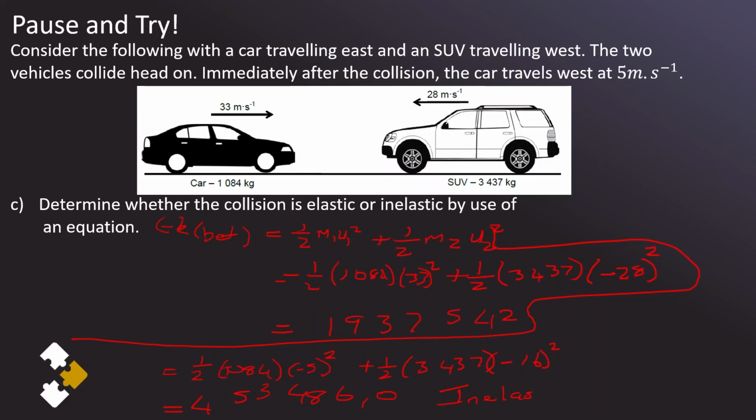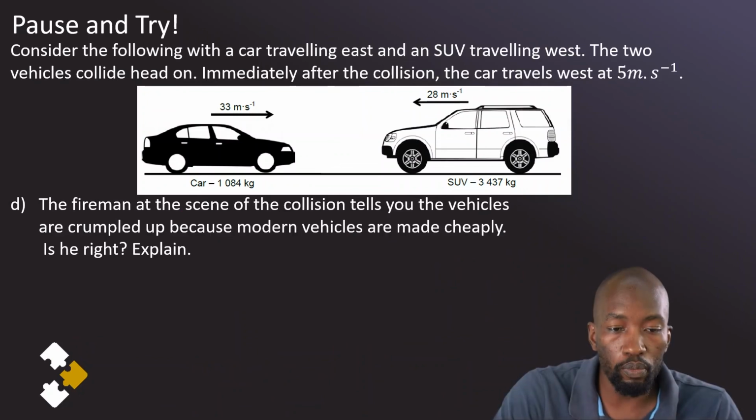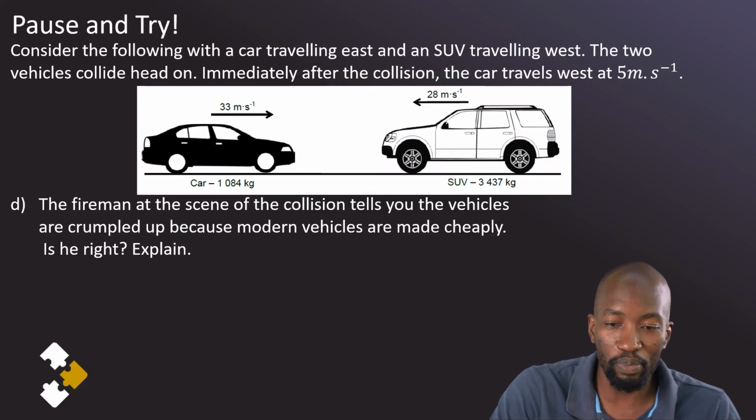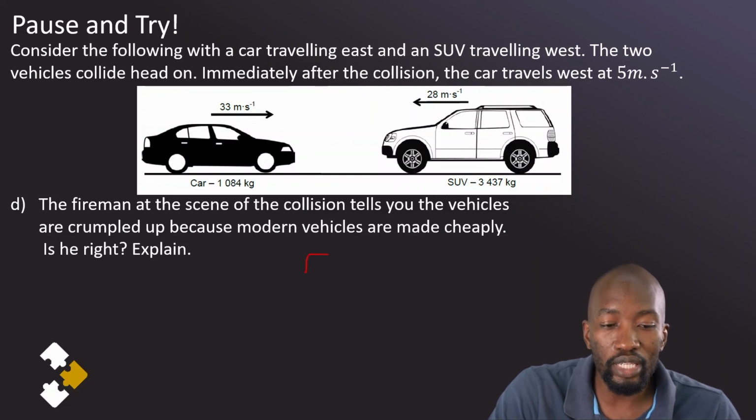Now let's carry on. Right. D says the fireman at the scene of the collision tells you the vehicles are crumpled up because modern vehicles are made cheaply. Is he right? Explain. No, he isn't right, because modern cars are fitted with crumple zones. Why? So that they can increase the contact time.